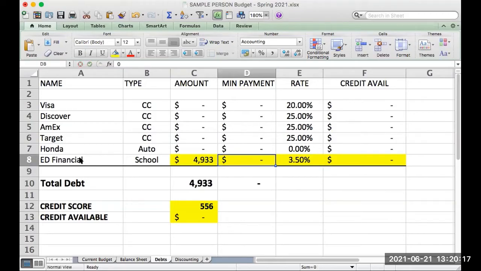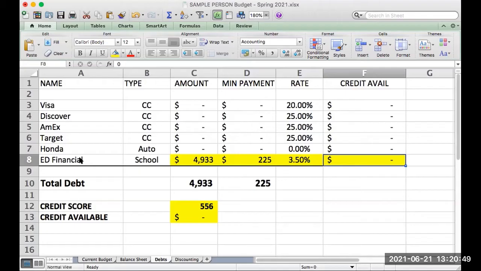3.5%. Now, of course, they couldn't make all this stuff simple, so you can't have the minimum. Well, I mean, you could have the minimum payment on there, but they don't. I think it's about $225 a month. So we're going to put that in there. Credit available is generally how much more can you borrow? Now, this is done holistically for you as an individual, and you can see that if you go and create an account on something like Credit Karma or Experian or something like that.